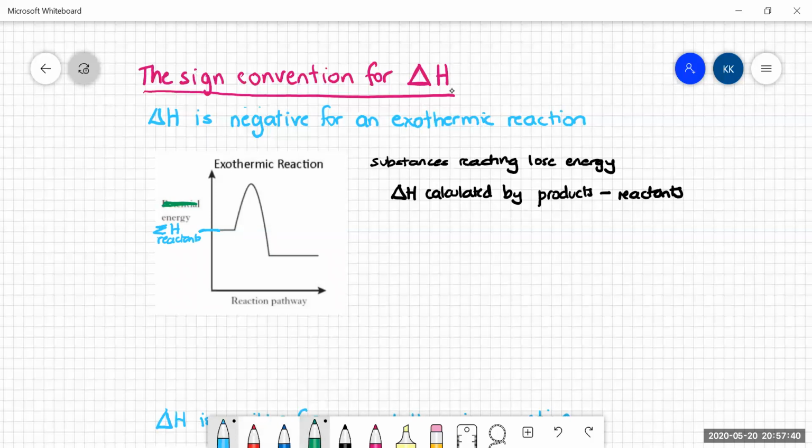And then if we're to mark the level of the products on this axis as well, this would be the sum of the enthalpy of the products. Now, because we're on an axis that starts at 0 and increases, what we have is that the sum of enthalpy of reactants is the bigger number, and the sum of enthalpy of the products is the small number because it's further down the axis.